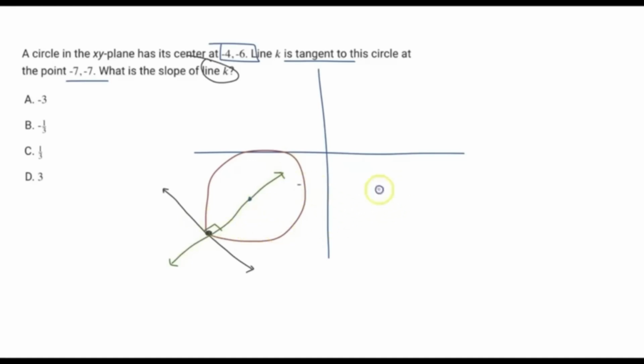So the slope of the green line, let's draw over here, is going to be based on these 2 coordinate points. So the equation is going to be y2 minus y1 over x2 minus x1. And so here, let's just look for the change in y. So we're going from (-7, -7) to (-4, -6).